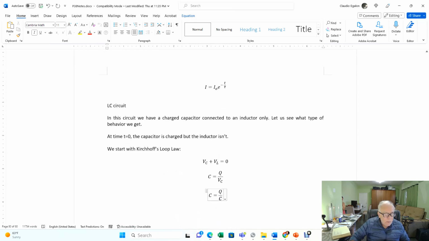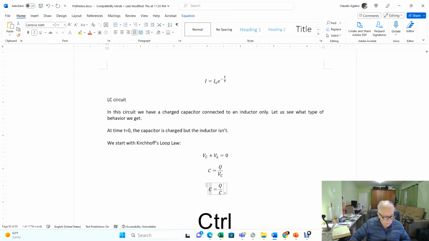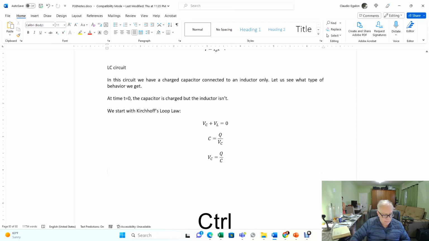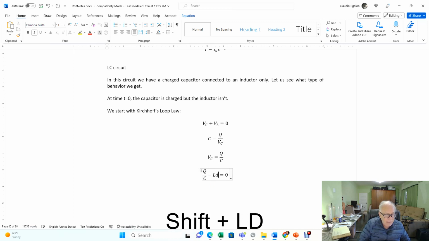V sub C is Q over C. We get this relation, and then we are going to get this other relation. Let's not forget, I like to say that this is Faraday's law, right? Faraday's law written in a different way.